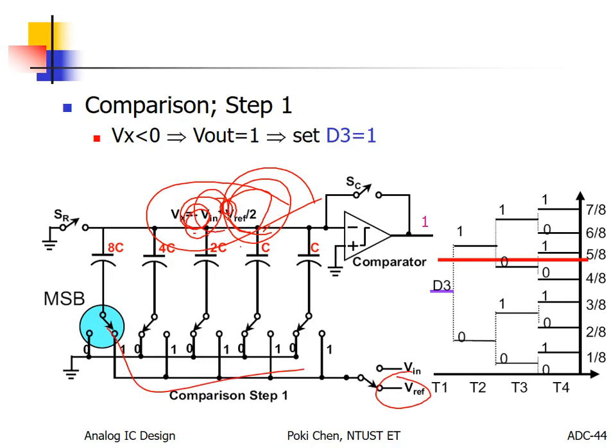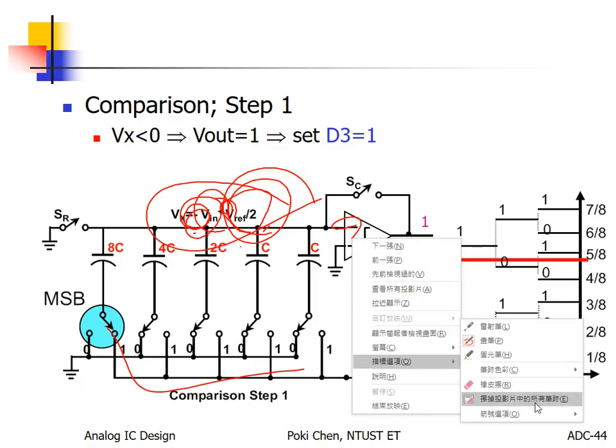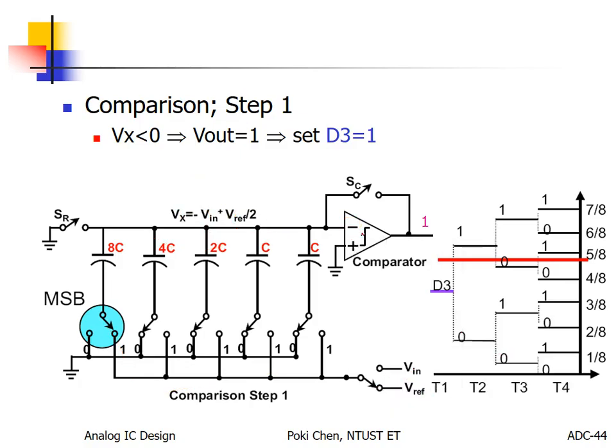So for MSV, 50%. I subtract you. Okay? If I am lower than you, after subtraction, you will get minus something. Minus 2. So you need to pay much attention to the terminal. We attach this node to inverting input instead of non-inverting input.